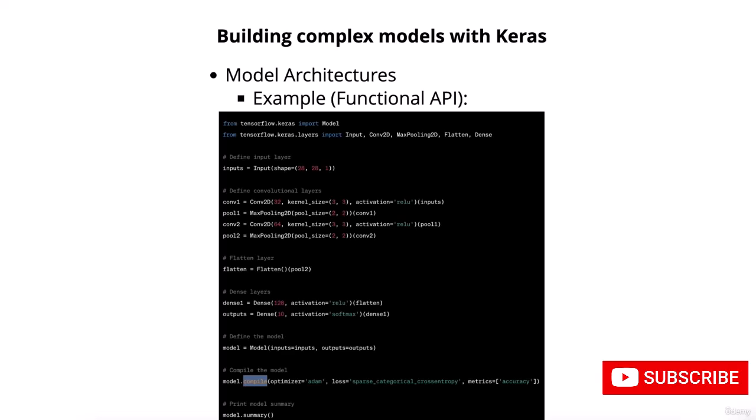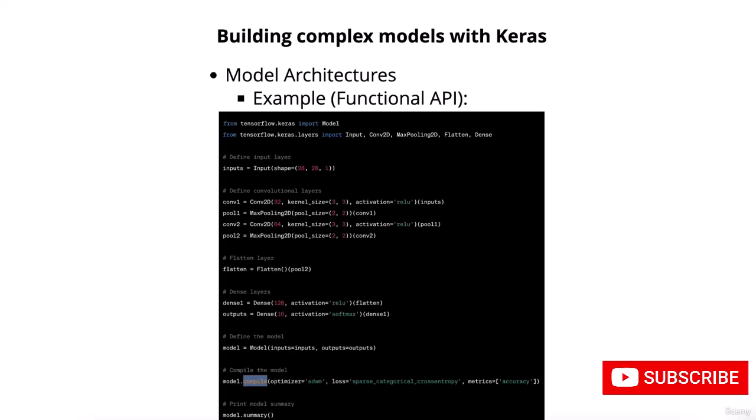Define the convolutional layers by saying conv1 equal to Conv2D, 32, kernel size 3 by 3, activation ReLU, and pass the inputs. Pool1 is MaxPooling2D, give the pool size equal to 2 by 2 and pass conv1. For conv2, we say Conv2D 64, kernel size 3 by 3, activation ReLU, and pass pool1. And for pool2, MaxPooling2D, pool size equal to 2 by 2 and pass conv2.